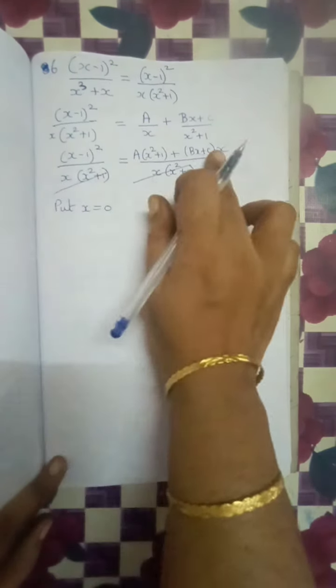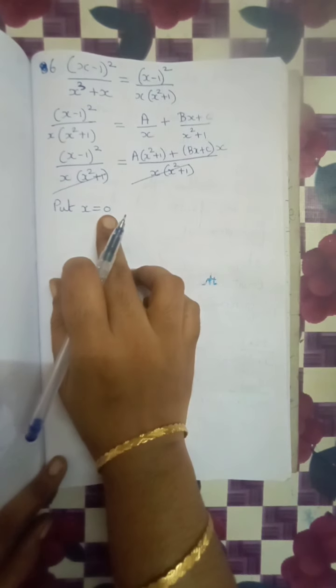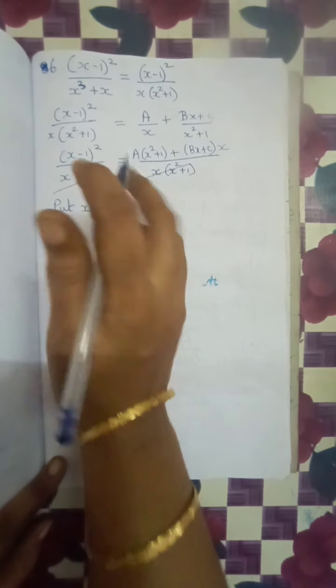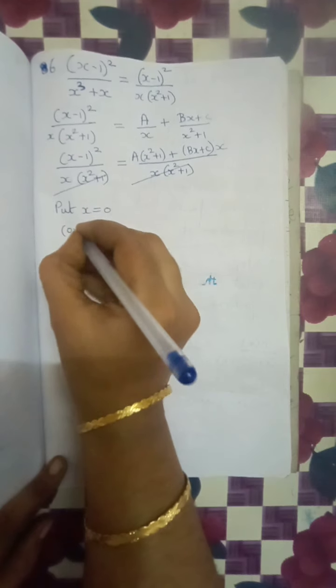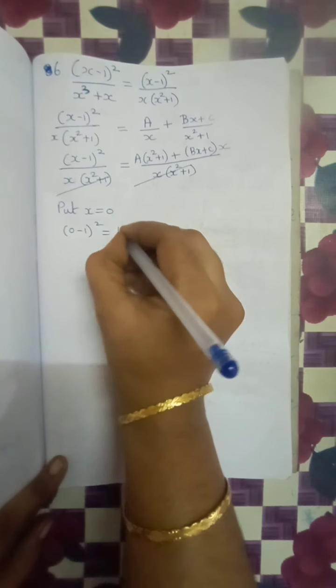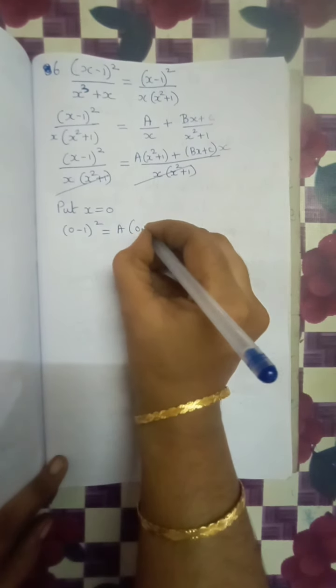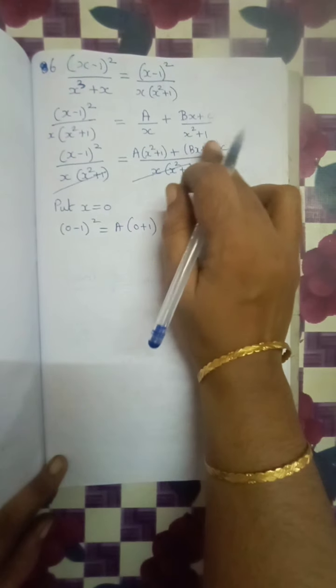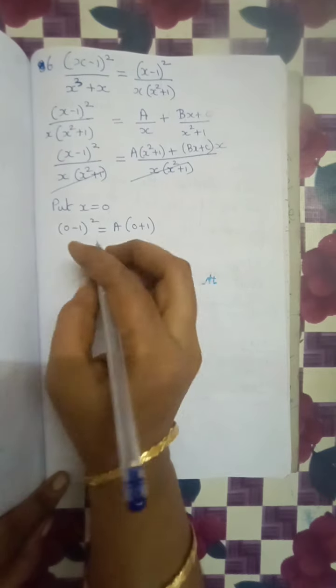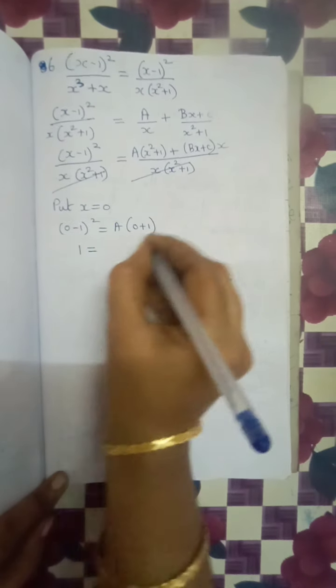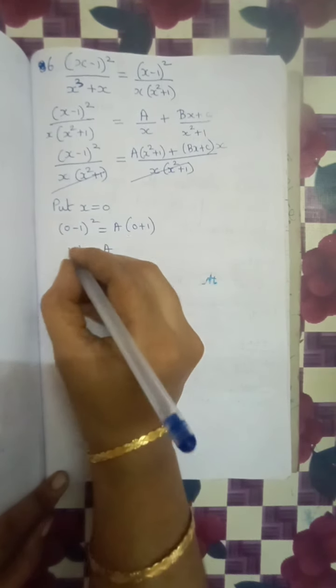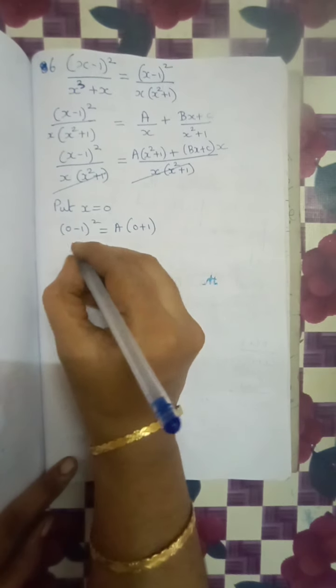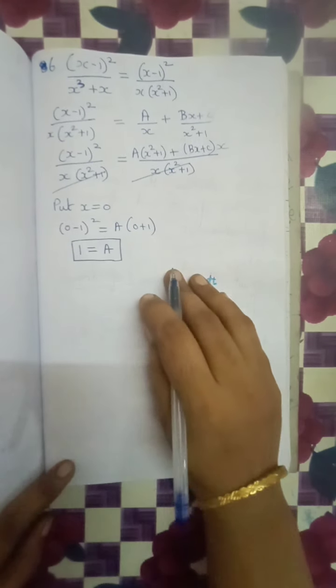So wherever x is there, let me put 0. So 0 minus 1 whole square into a into 0 square plus 1. Here 0 into bx plus c, everything will become 0. Minus 1 whole square is 1. 1 into a is a. So easily we got our answer for a.